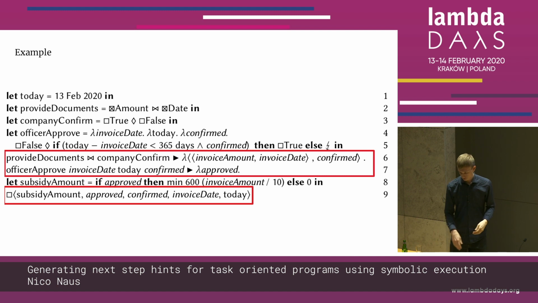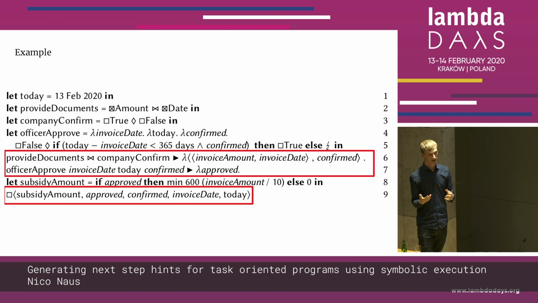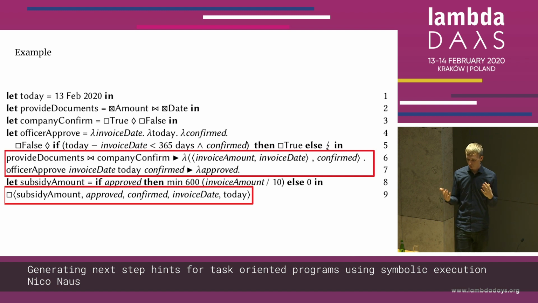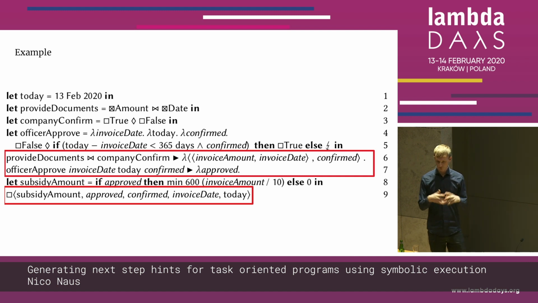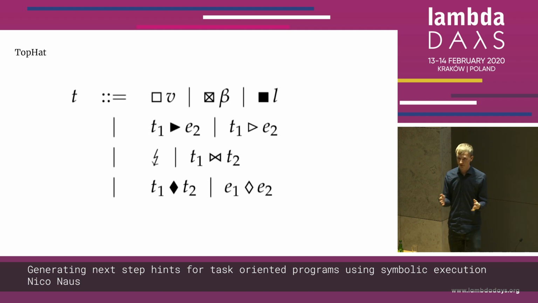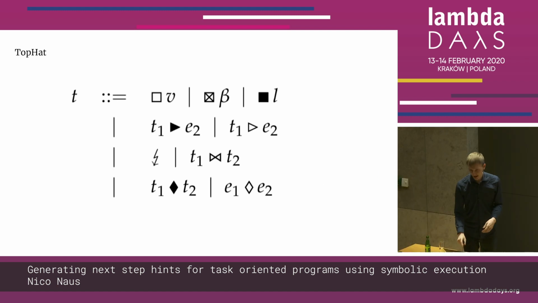And in the end, we return the subsidy amount that was calculated in between the two boxes. So as you can see, with this very simple language, you can express all kinds of workflows immediately. So this was a crash course basically on Top Hat. Now that we have our language, let's talk about symbolic execution.